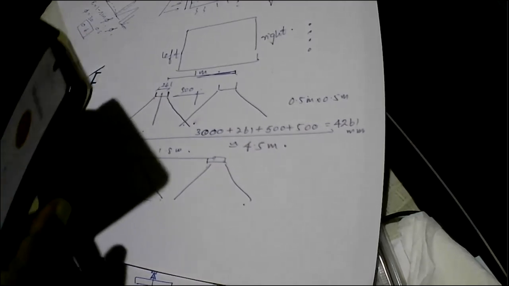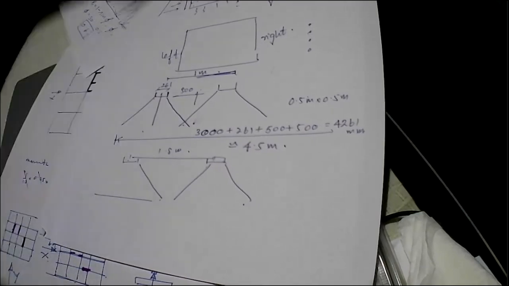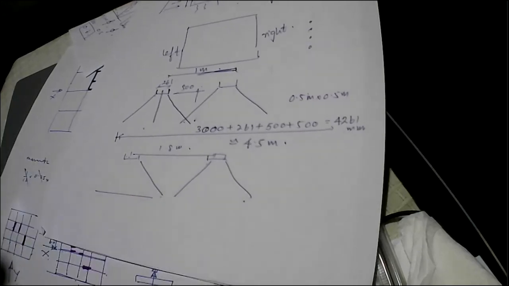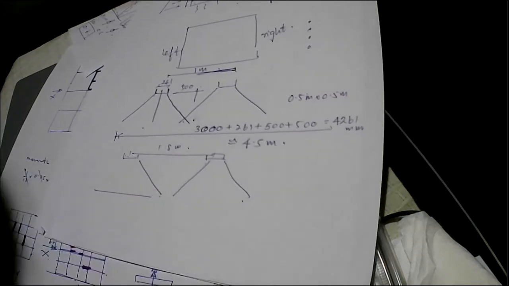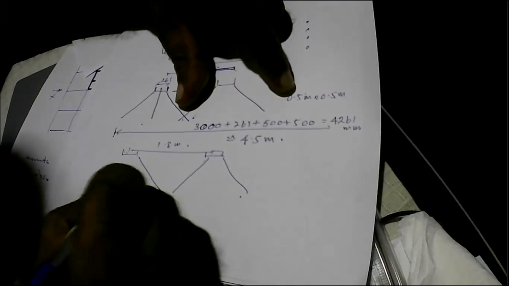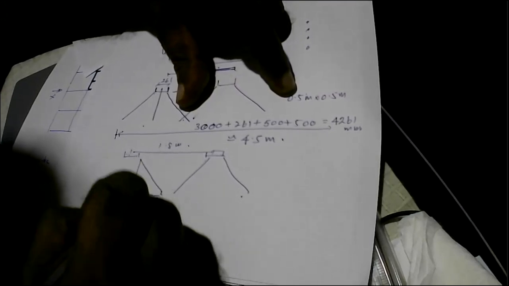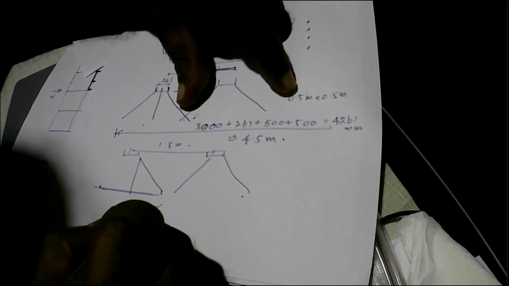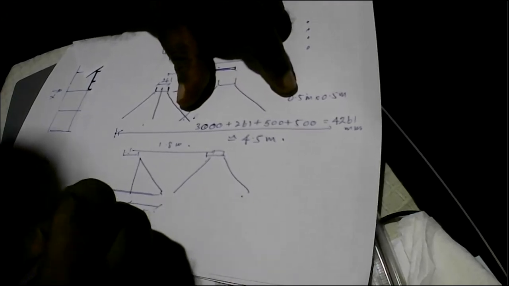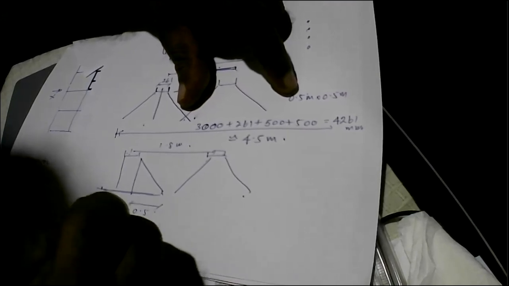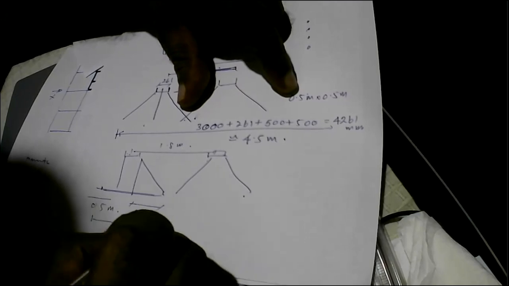So basically, you will get 1.8 meters, and so you get about 1 meter here, 0.5 meters. On this side, you get another 0.5 meters. And I think I have considered this as equal to 1 meter.